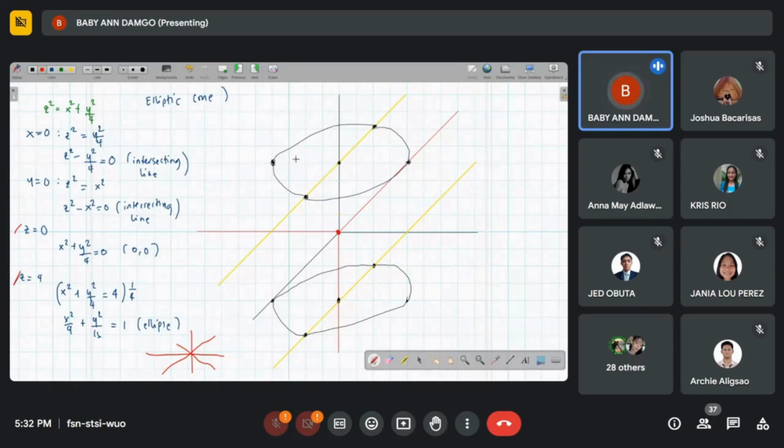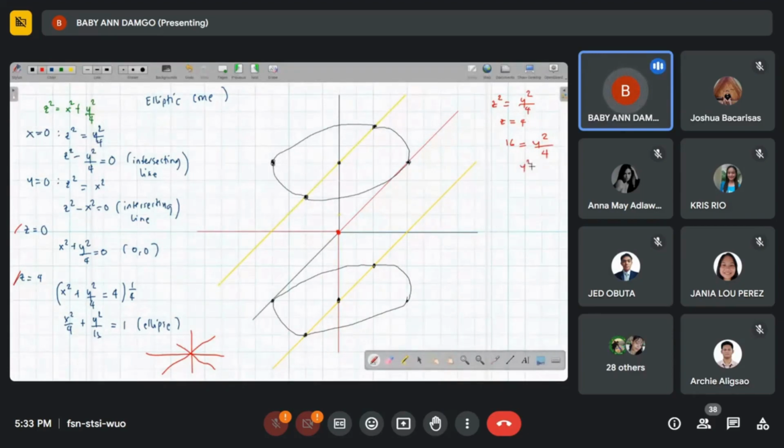So atong i-check kung asa siya mo intersect ani sa plane nga z equals 4. So we have z squared is equal to y squared over 4. So when z is 4, so we have, this is 16, which is equal to y squared over 4.